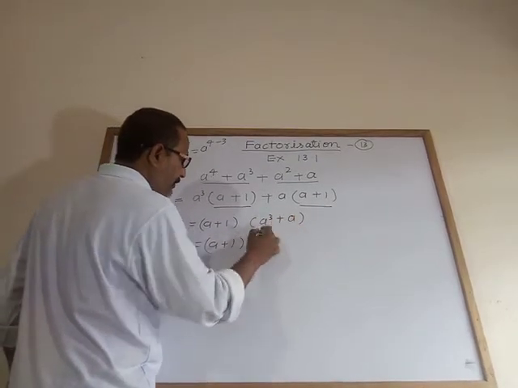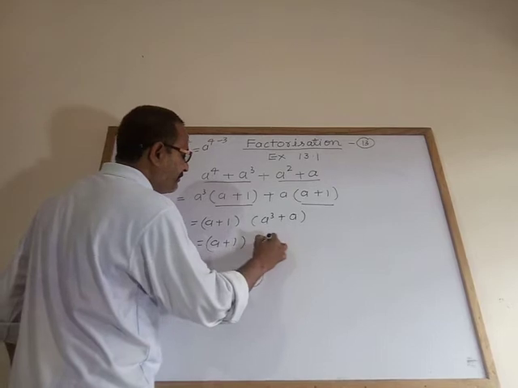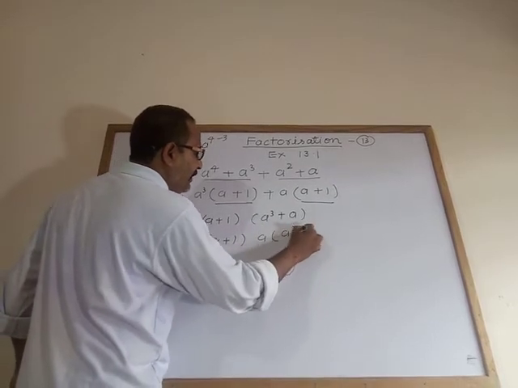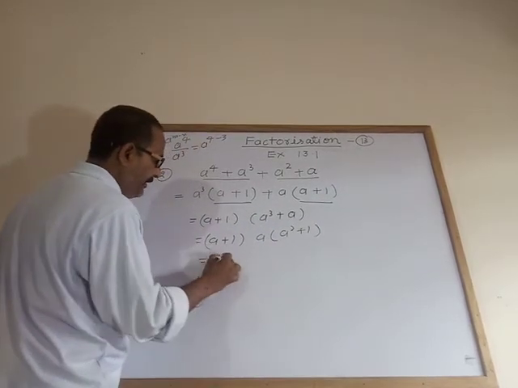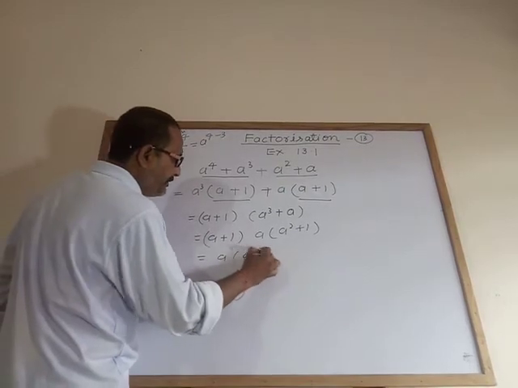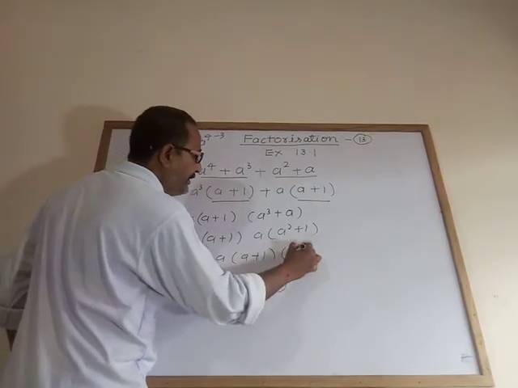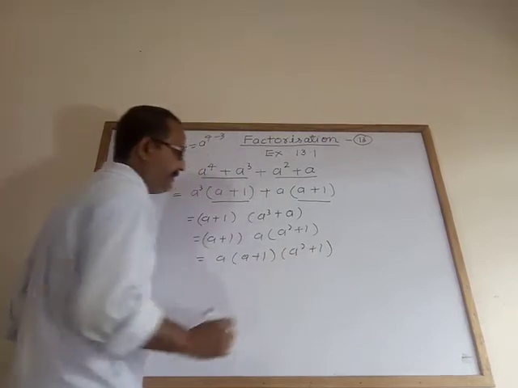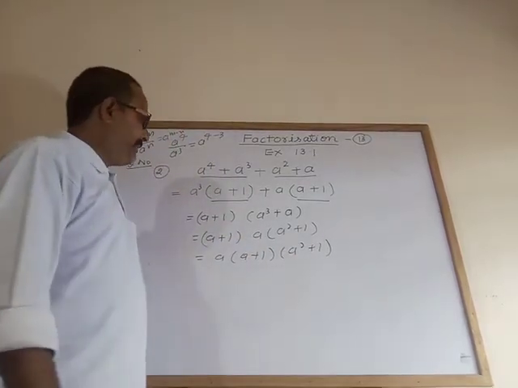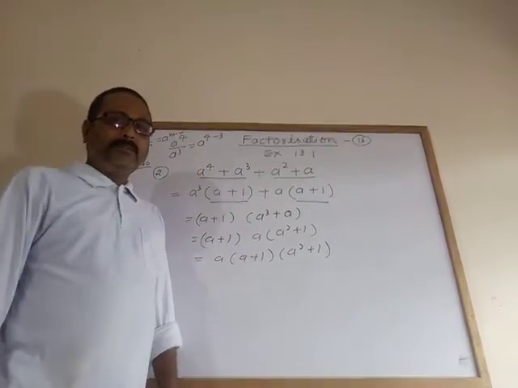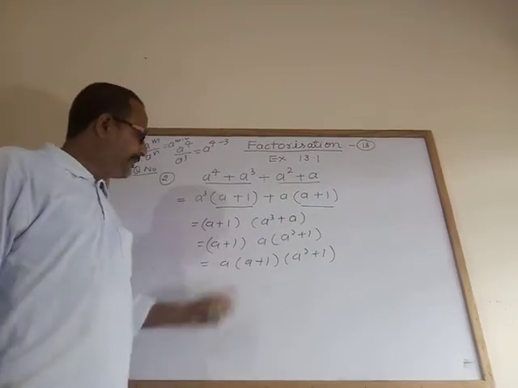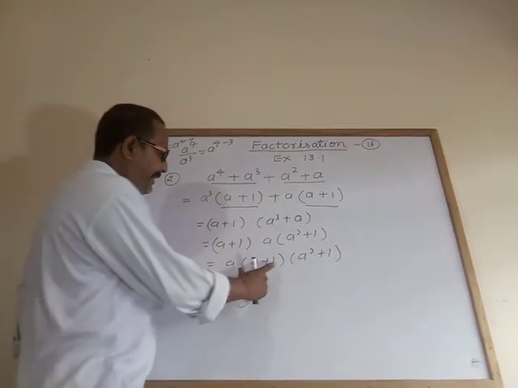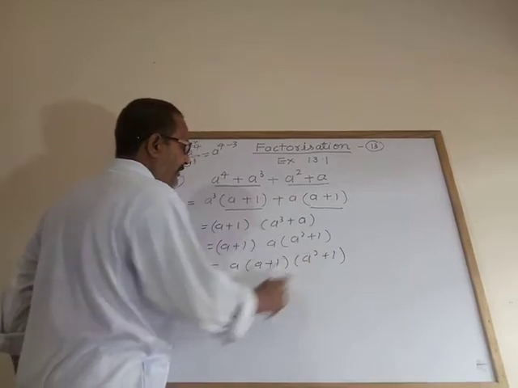A cube plus 1, a again common. What is remaining? A square plus 1. Now a plus 1 and a square plus 1 remain. Okay? Possible. That is your solution: a plus 1, a square plus 1.